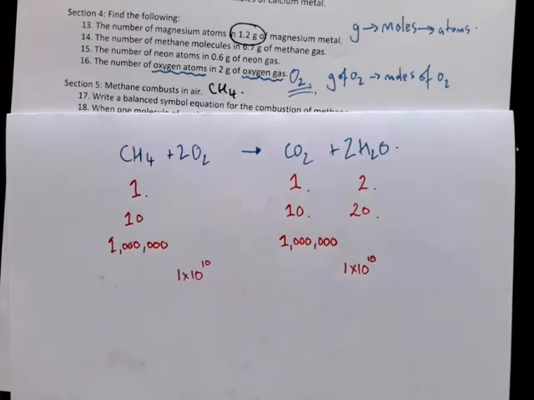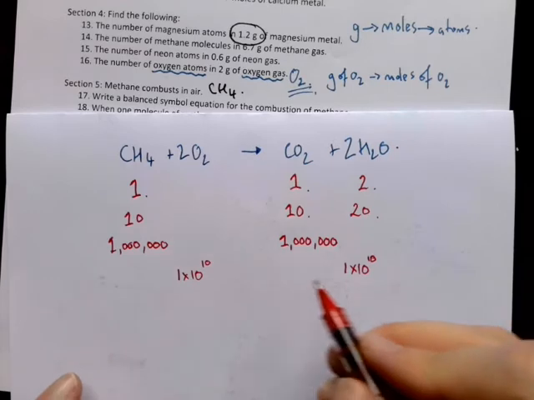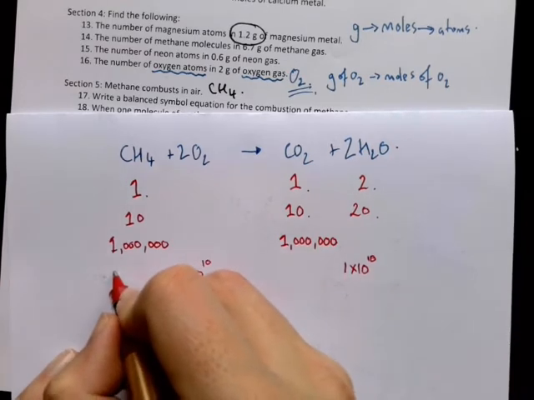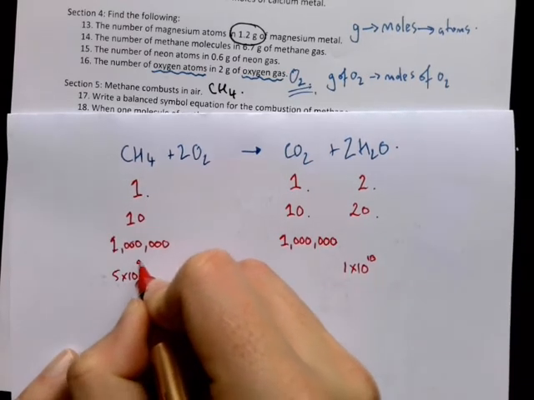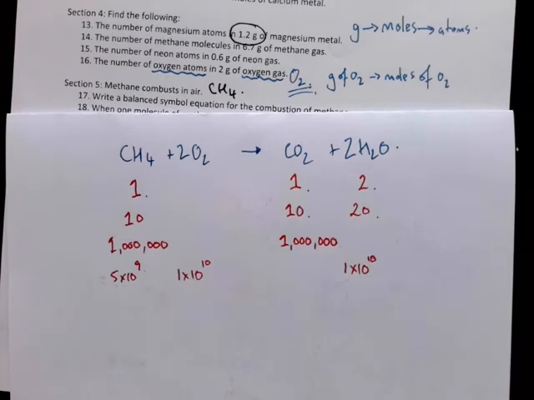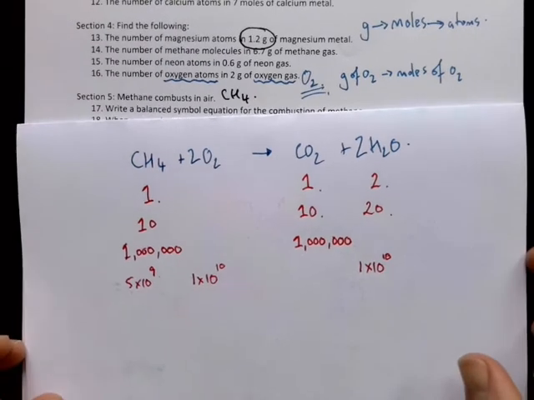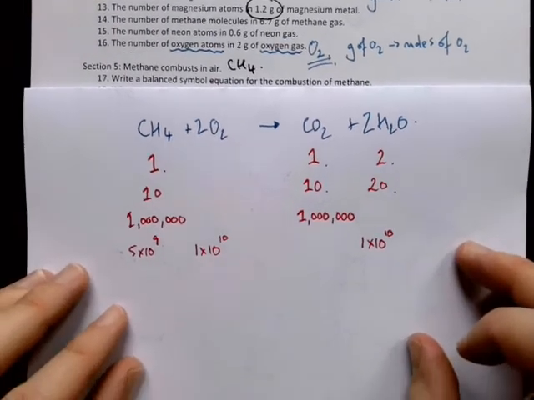So if I do 1 times 10 to the power of 10 divided by 2, I would get half of that number, which is 5 times 10 to the power of 9. Okay, so again, it's a fairly straightforward process, but if you're not sure, just pause and watch that bit again.